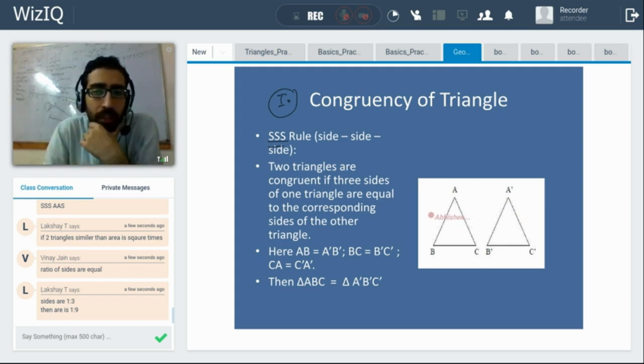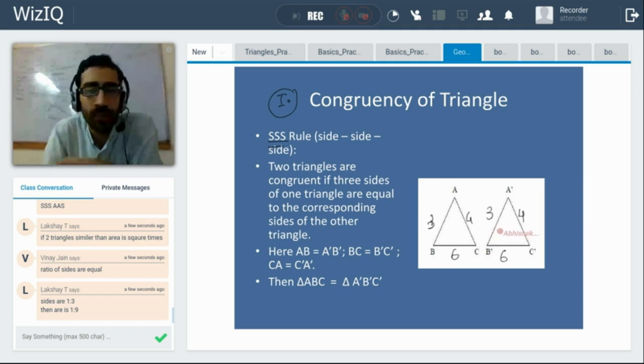So for example, if I am given that AB is equal to 3 and A dash B dash is also 3, if AC is equal to 4 and A dash C dash is also equal to 4, and if BC is equal to 6 and B dash C dash is also equal to 6, without a shadow of doubt, they are same triangles. That is what congruency means.